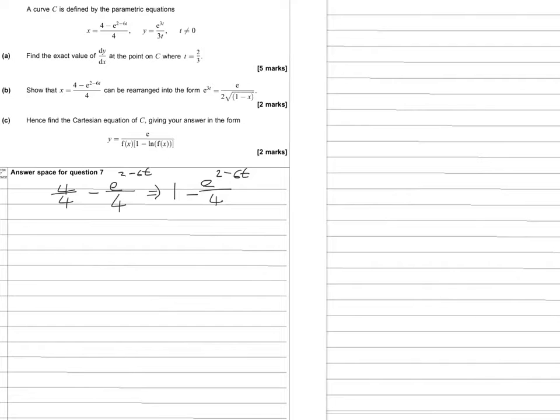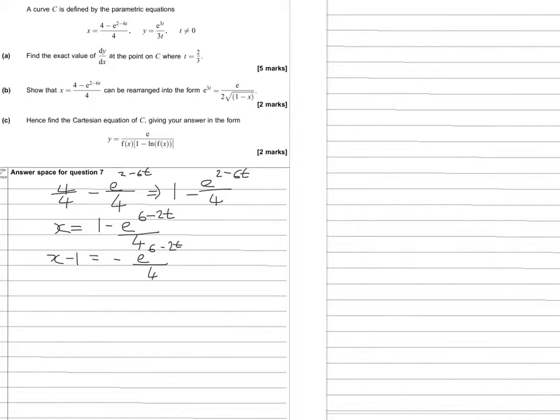So that gives me x equals 1 minus e to the 6 minus 2t over 4. Minus 1 both sides: x minus 1 equals negative e to the 6 minus 2t over 4.